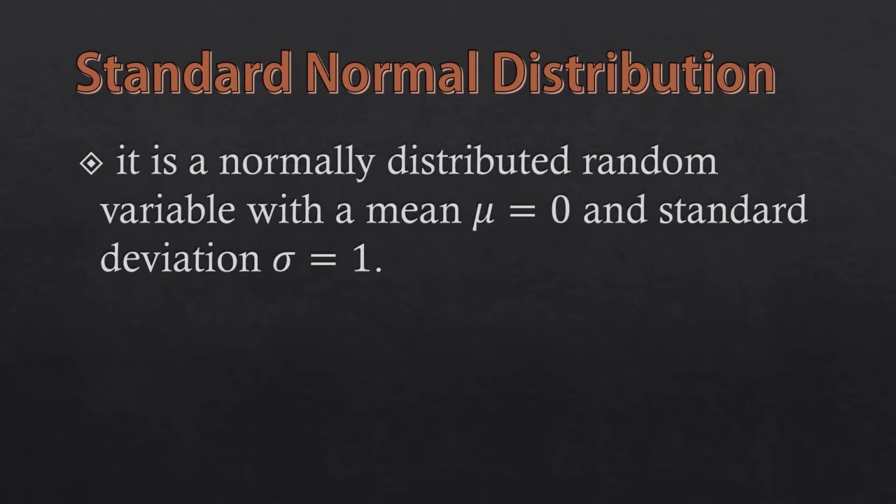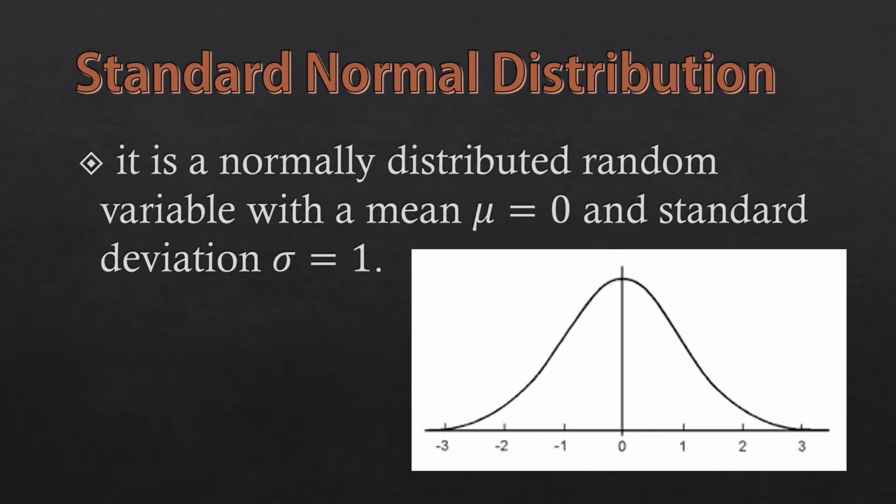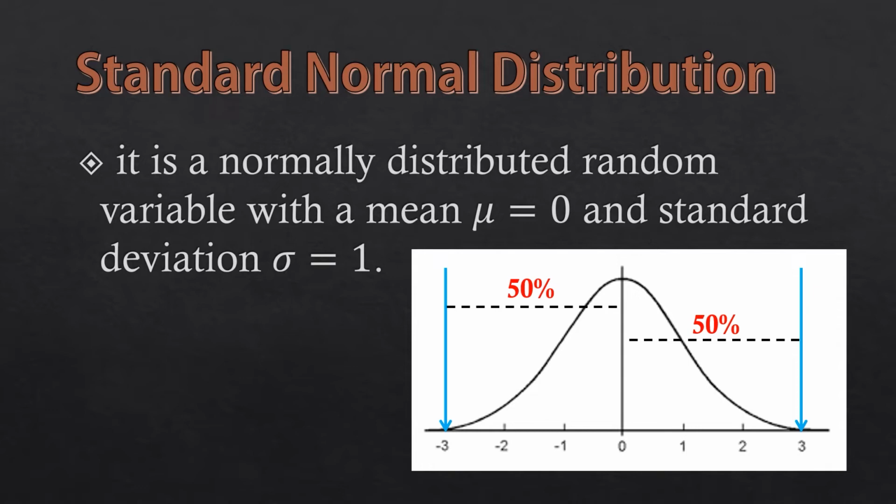A standard normal distribution is a normally distributed random variable with a mean equal to 0 and a standard deviation equal to 1. 50% of the area can be found below the mean, which is 0, and the other 50% is above the mean.